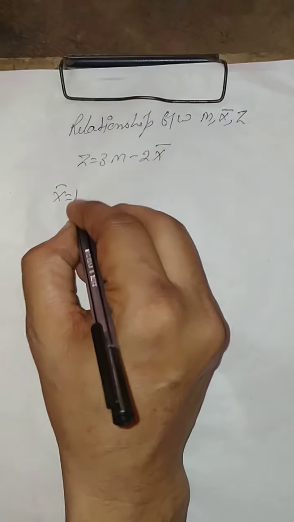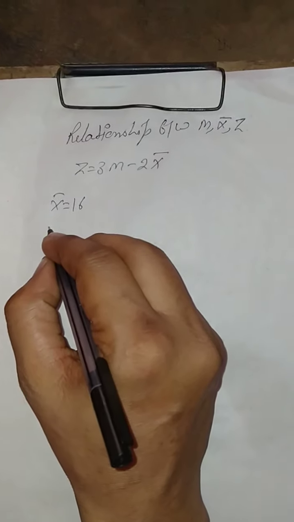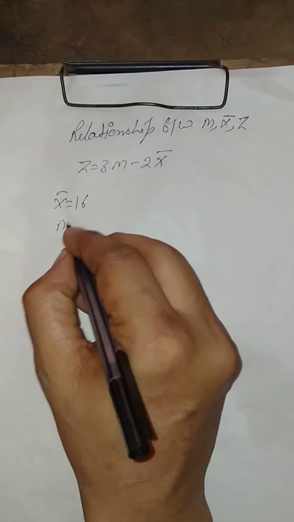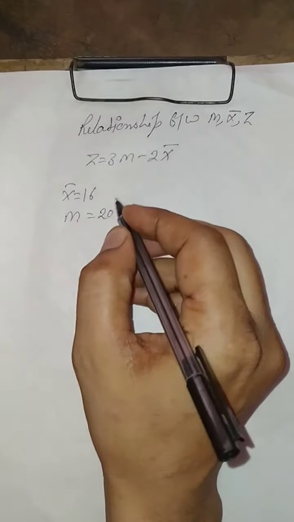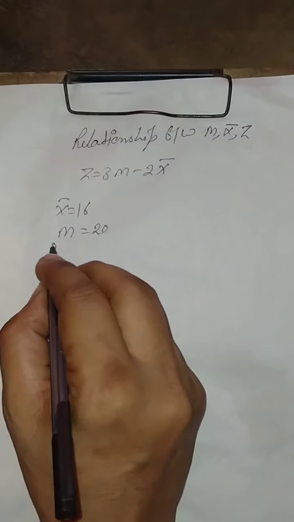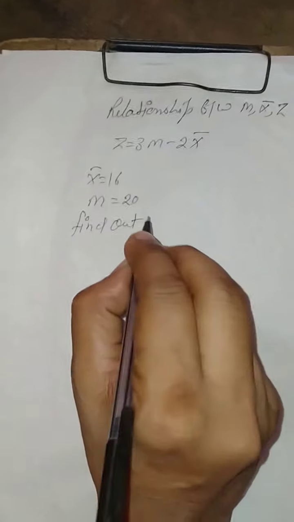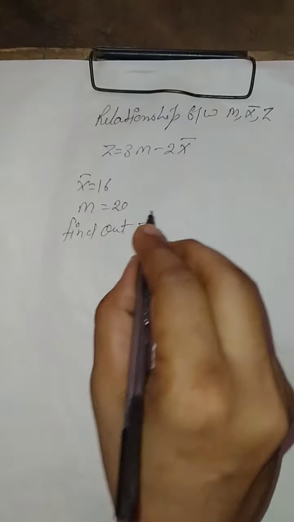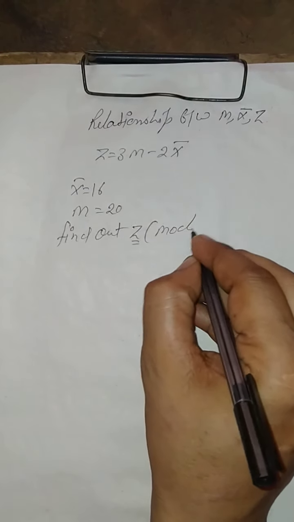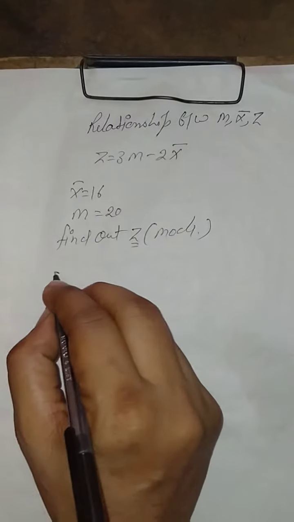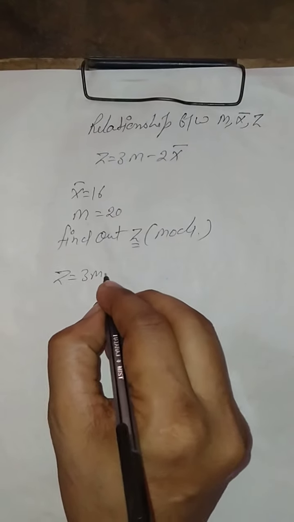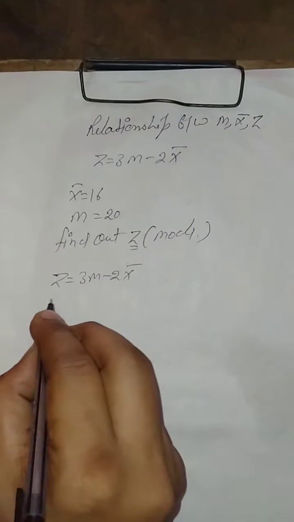Mean x bar is equal to 16 and median is equal to 20. Then find the mode Z. So you will apply the formula Z is equal to 3M minus 2 x bar.